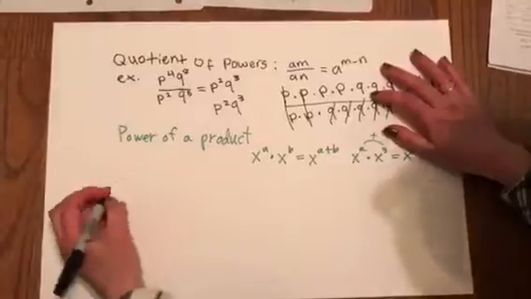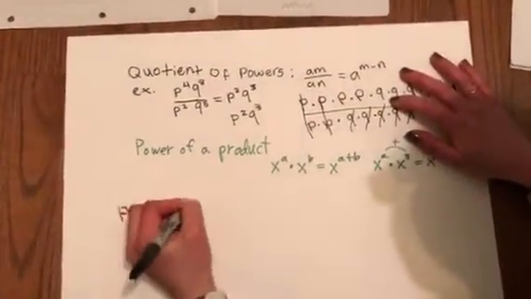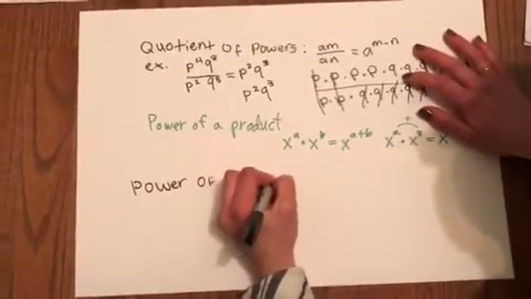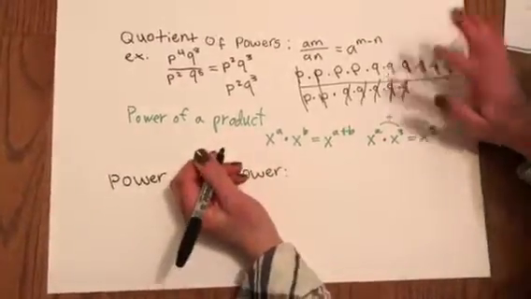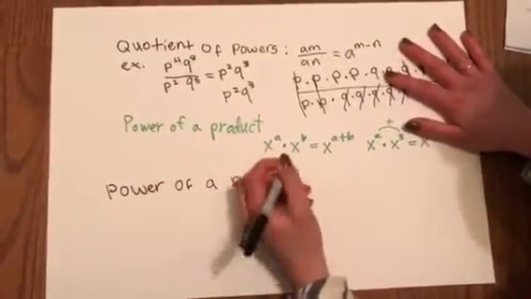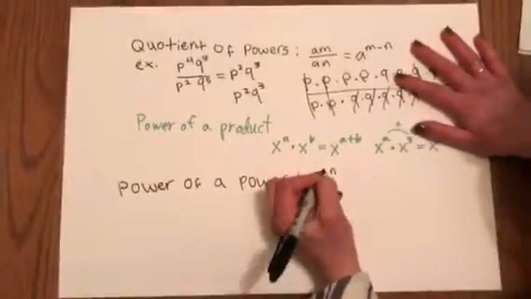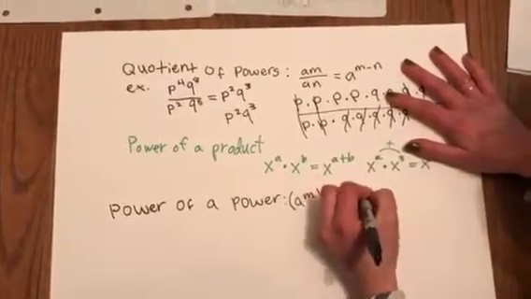Okay, this one is power of a power. The equation for this is a to the m, in parentheses, to the n equals a to the m times n.